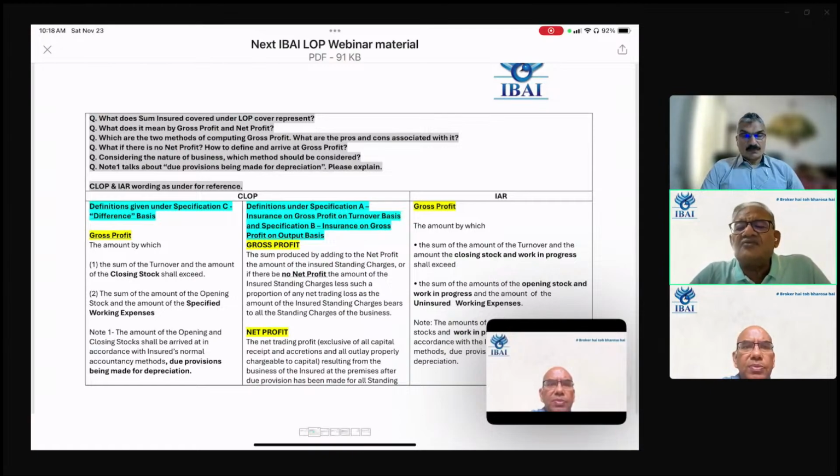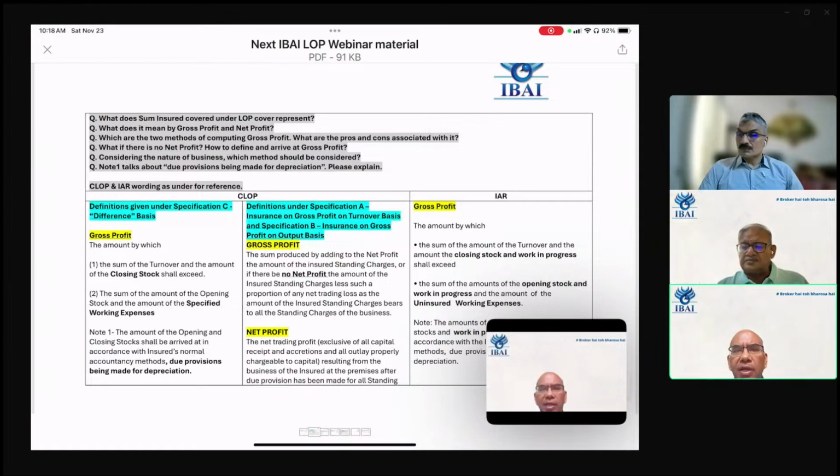The second definition, in the third column, talks about the policy wording given in section 2, gross profit. Sir, please continue. Like you already explained, there were two methods to calculate it. We discussed in detail, but I can quickly explain once again.